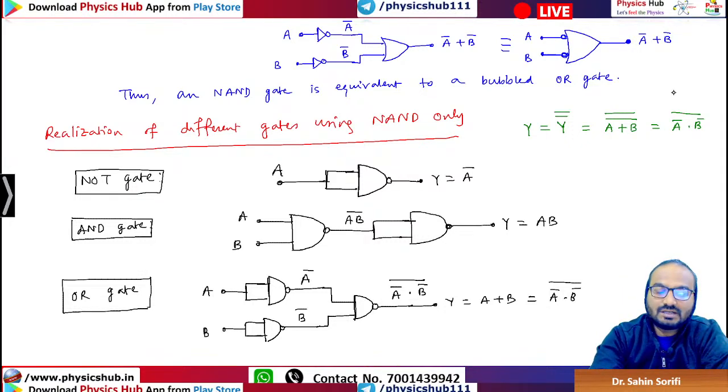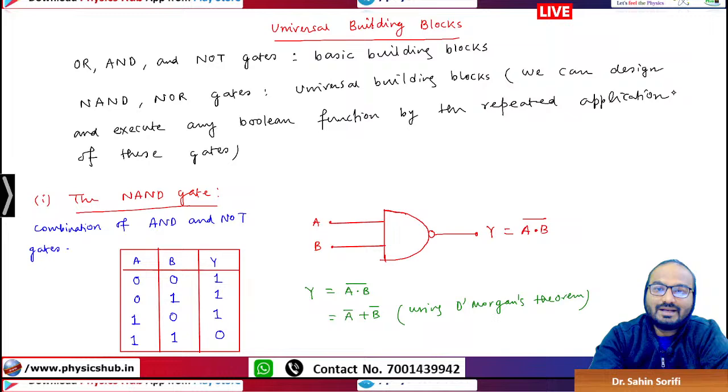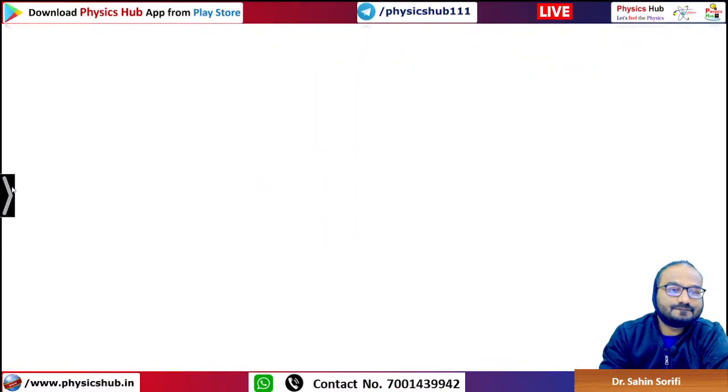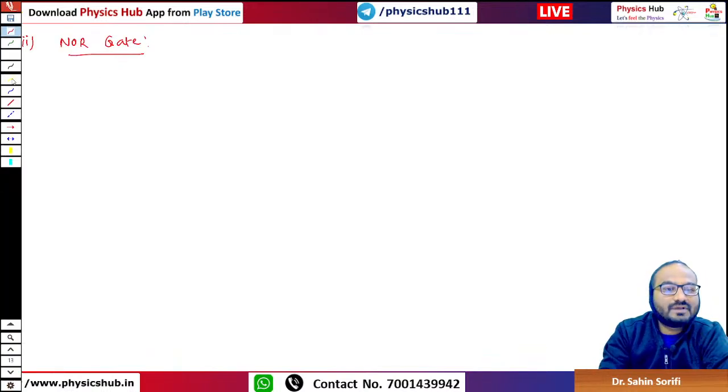Let's talk about its counterpart, NOR gate. NOR gate means NOT and OR. As the name suggests, it's a combination of NOT and OR gate.